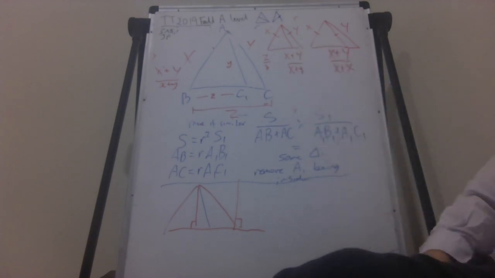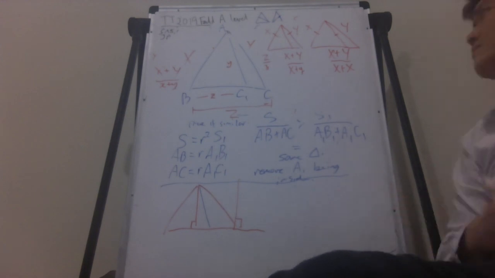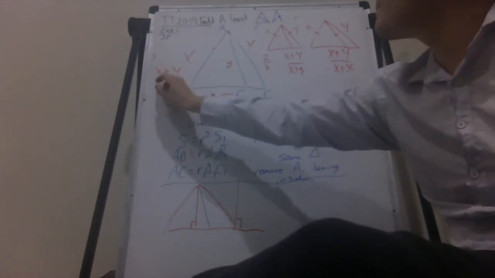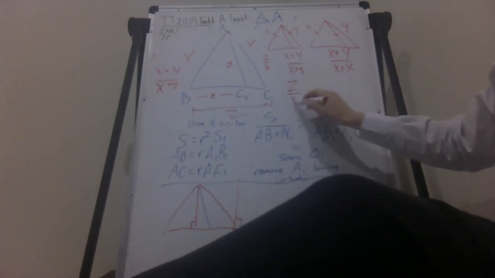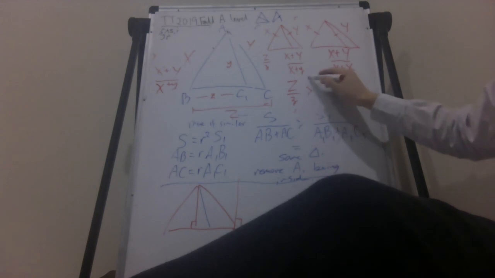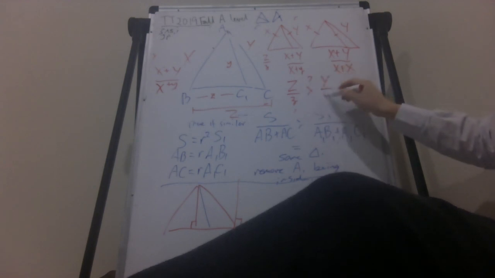A big X. So this is a big X, yeah? So can we show, for example, that z on little z is bigger than y on little y?